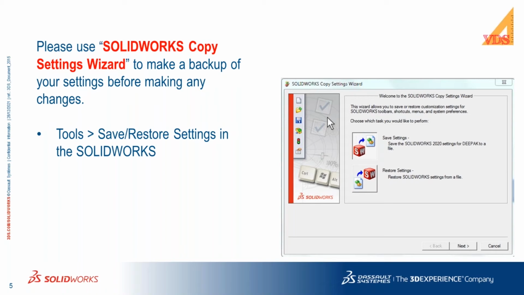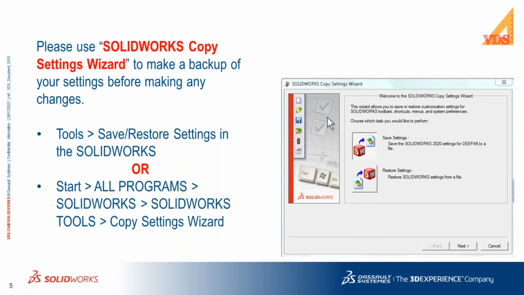You have to make sure that all files are closed before you can use this tool. And not only can you save and restore your settings, you can also share your settings from one machine to several machines. For example, if you are the admin of your department and you want to make sure that everyone uses the same settings, you can make settings on one system and then share them across multiple systems.